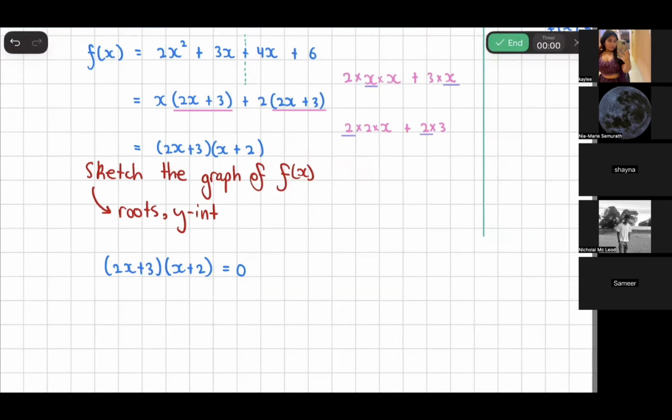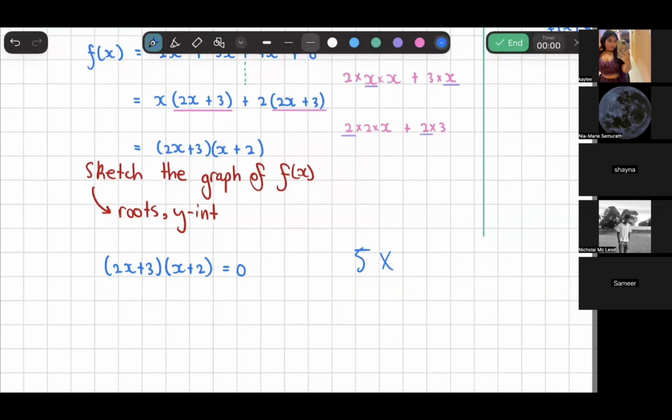Adrian, a simple question for you. What number would you multiply something by to get 0 every single time? Let me just say 5 multiplied by something to get 0.